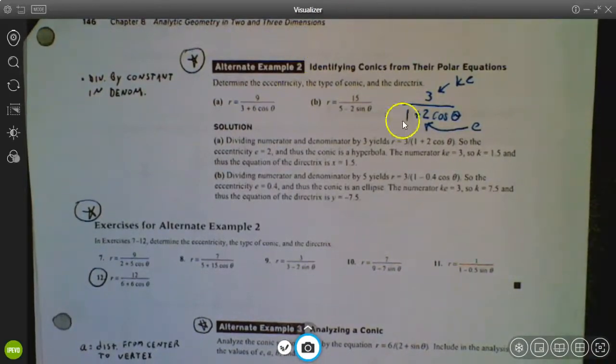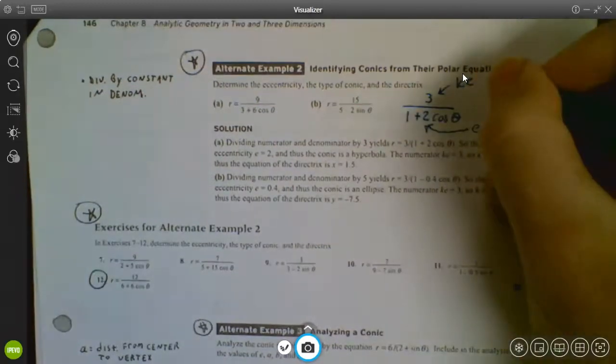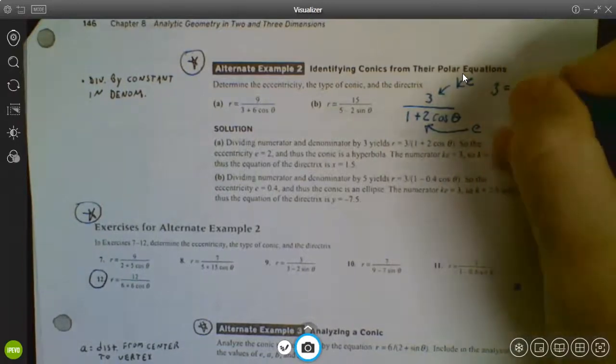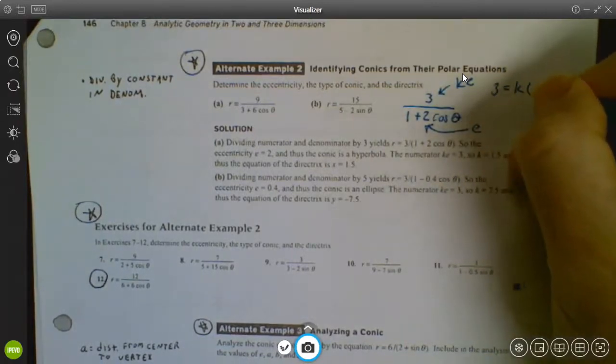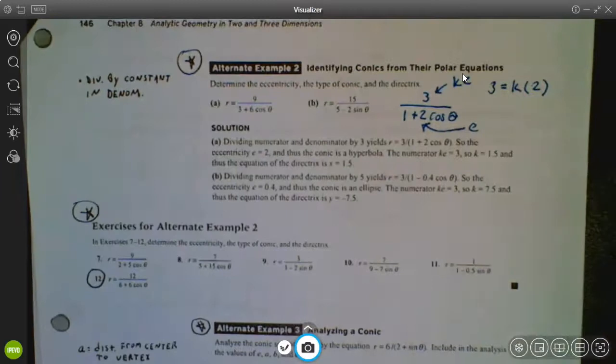I can also now look at this and say, well, if 3 equals KE, and my E value is 2, then I can divide over that 2 and figure out that my K value is 1.5, right? 3 over 2, 1.5. So once you get it into this form, it's really easy to pull out the information that we would need.